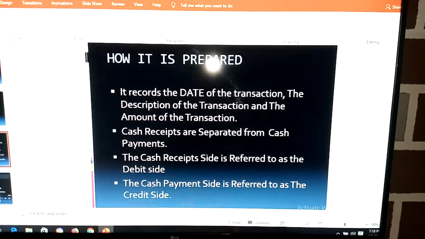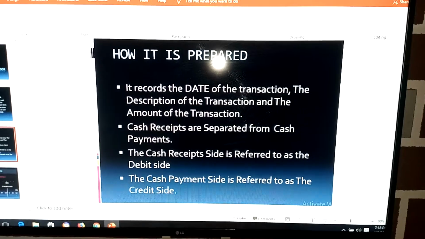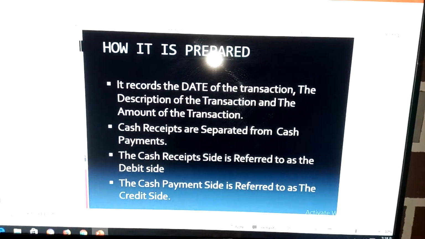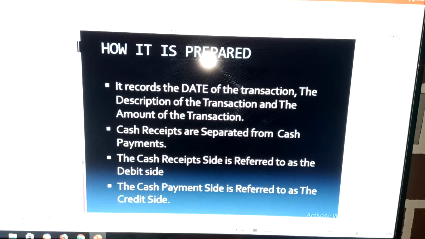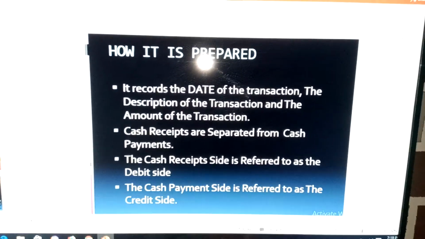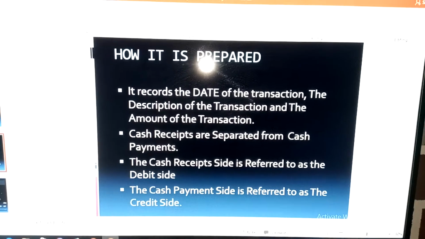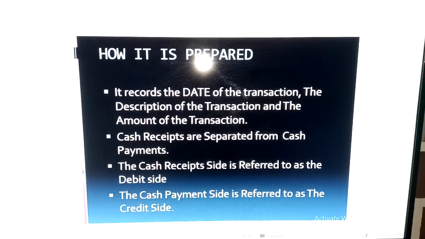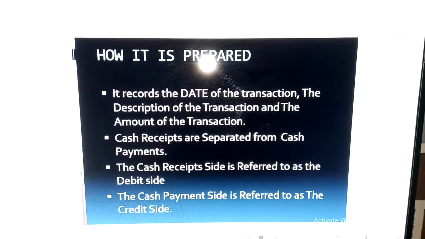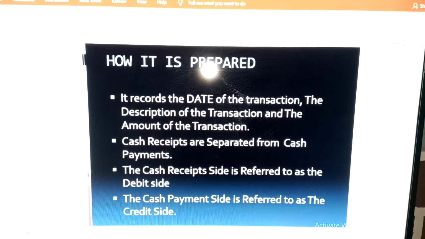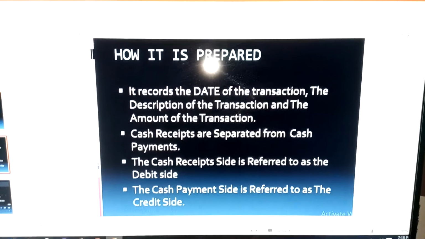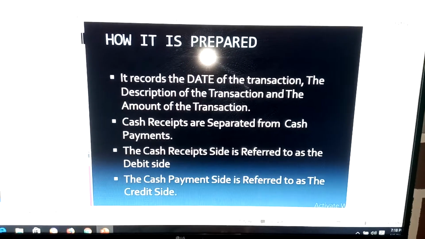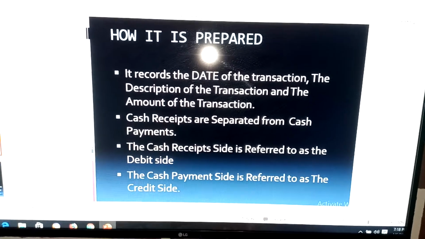But remember, because it is cash transaction, it is possible for cash to be received or cash to be paid, and as such it records cash receipts against cash payment. The one column cash book tries to record on two sides, the receipt side and the payment side.